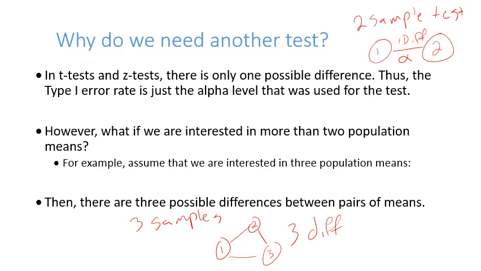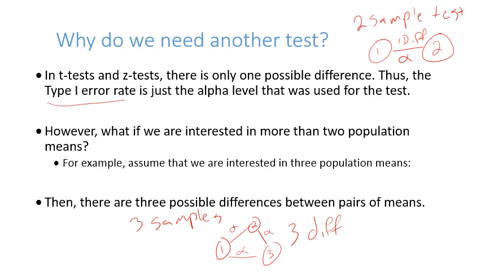The issue here is that our type 1 error rate changes because of this. If we did it with 3 samples, like we were doing with a t-test, where we looked at the comparison between each of the groups, well, we'd have alpha here, and alpha here.